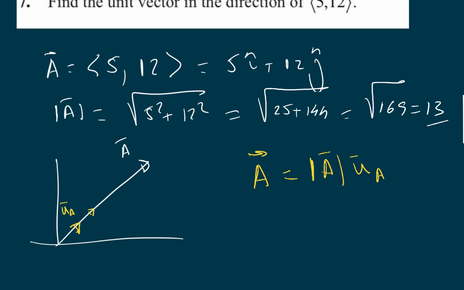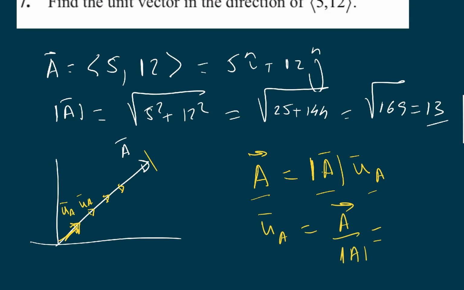If you put 13 times u sub A here, 1, 2, 3, 4, 5, 6, 7, 13 times, you reconstruct the vector A. So A is the magnitude of A multiplied by u sub A. So the unit vector u sub A, in the direction of A, which has the magnitude 1, is the vector A divided by the magnitude of A.